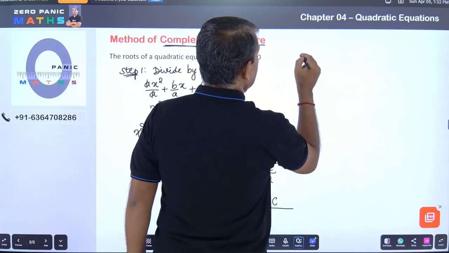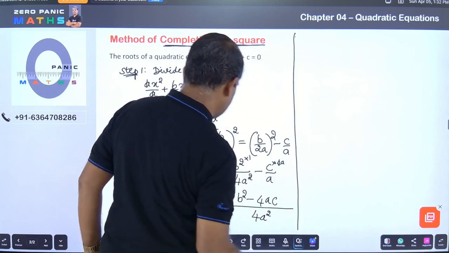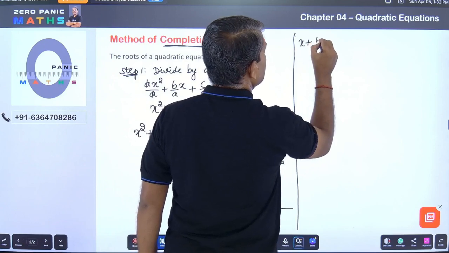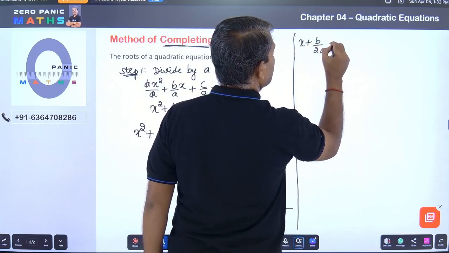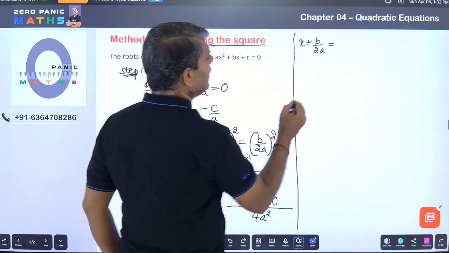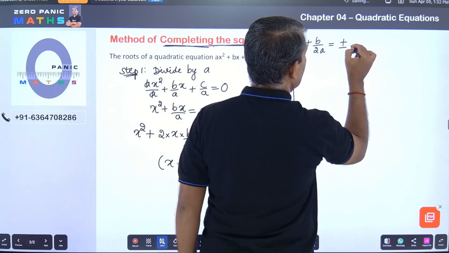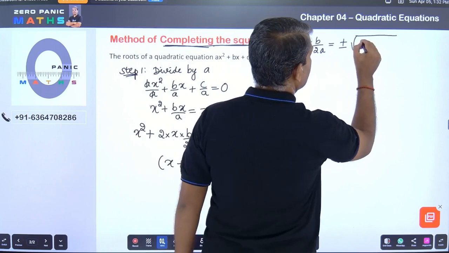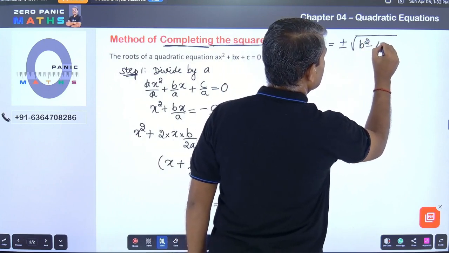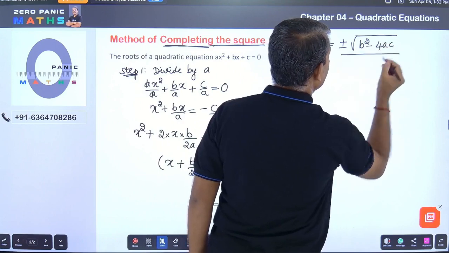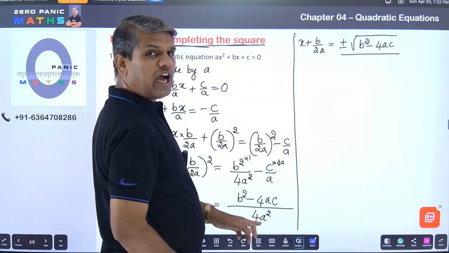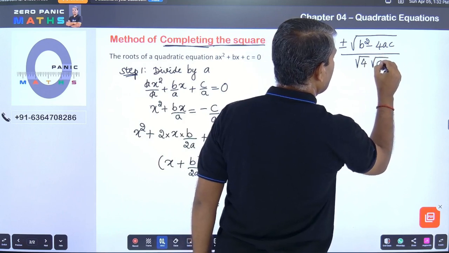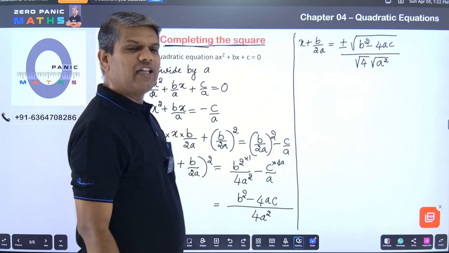So, next step, let me write that step. x plus b by 2a, taking the square to that side will give me plus or minus square root of the above term, b square minus 4ac, divided by square root of 4 and square root of a square. Let me write them separately so that I will get the exact value.